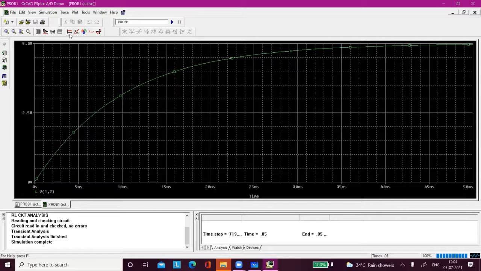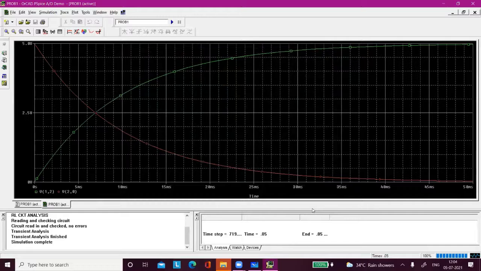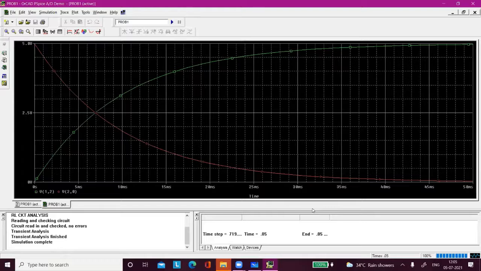Now again let us plot the voltage across the inductance. We know the nature. This blue color graph represents the voltage across the inductance. All right, this is the nature. Okay, I am showing you once again.